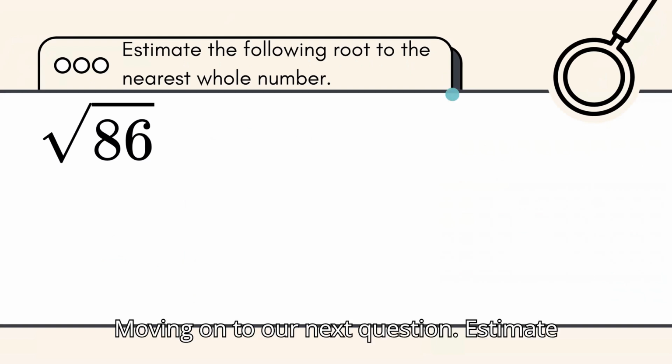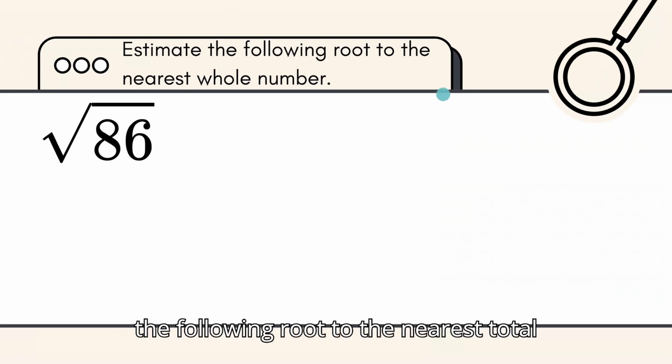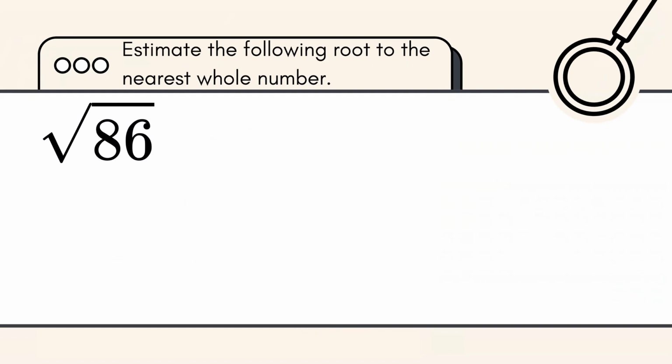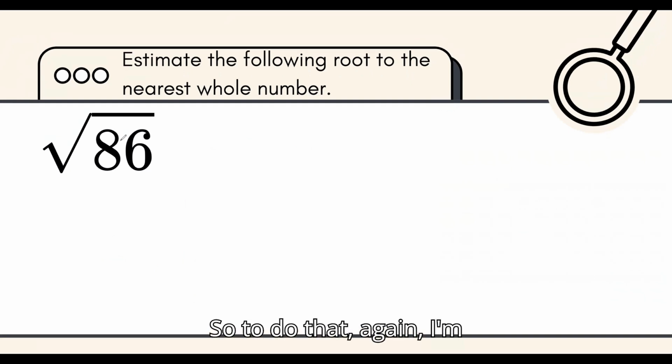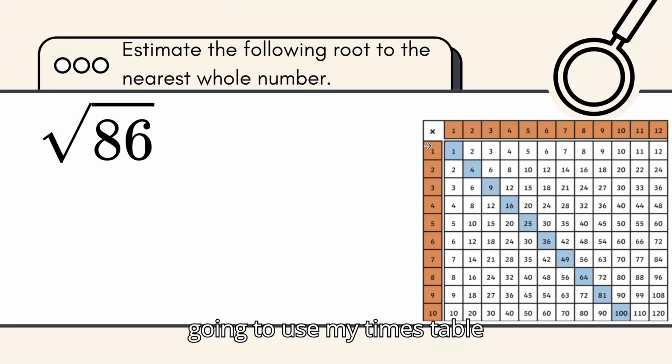Moving on to our next question. Estimate the following root to the nearest whole number. And our root is the square root of 86. So to do that, again, I'm going to use my times table. And over here in blue, I have all my square numbers.